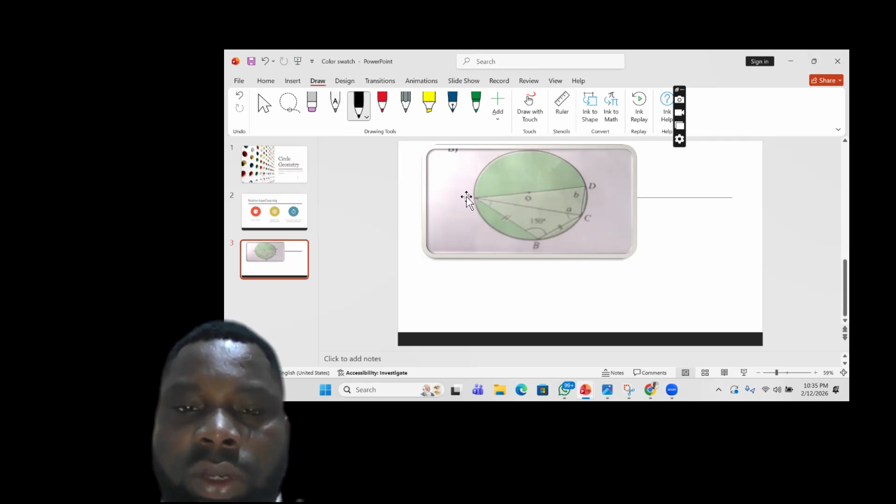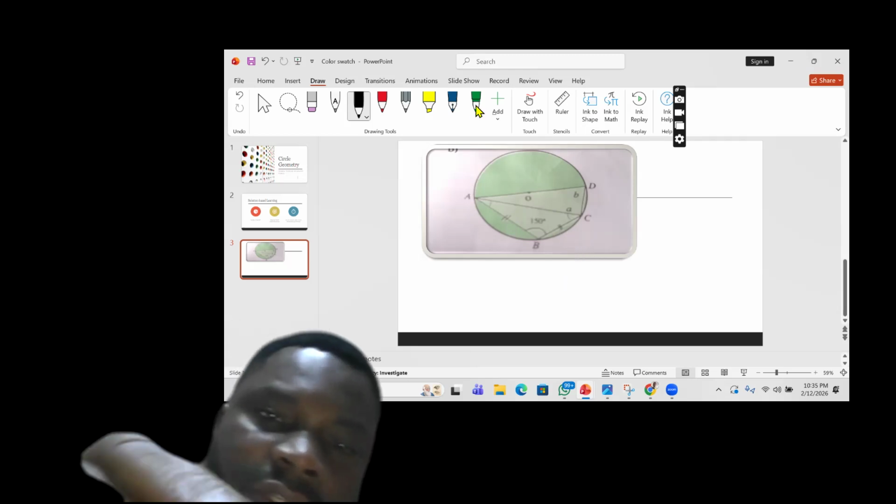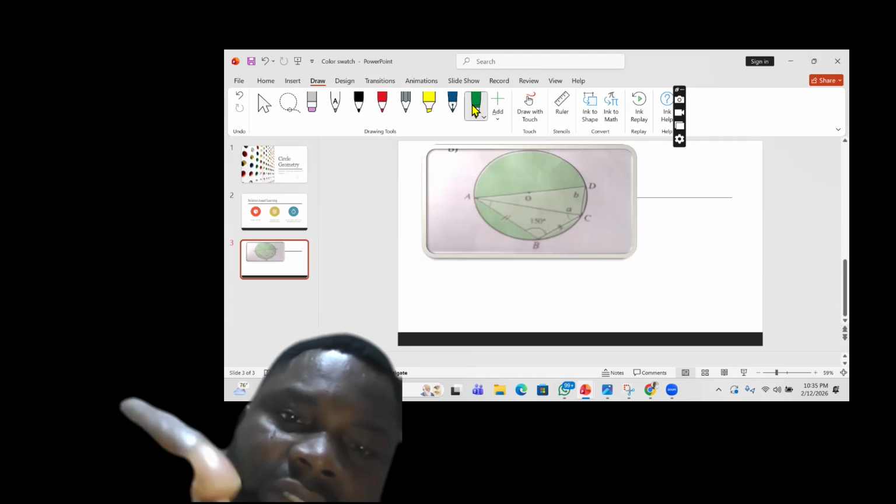AD is a diameter. We were asked to find angle A and angle B. First we'll start with angle A because angle A is quite easier.